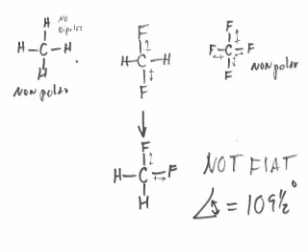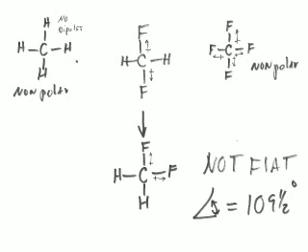If instead we look at carbon tetrafluoride, again the carbon has 4 bonds around it, and so the electrons go into a tetrahedron. In this case, however, we have polar bonds. Fluorine's much more electronegative than carbon, but because the shape is symmetric, it's a tetrahedron, all those dipoles cancel out. And so even though it has polar bonds, carbon tetrafluoride is a nonpolar molecule.